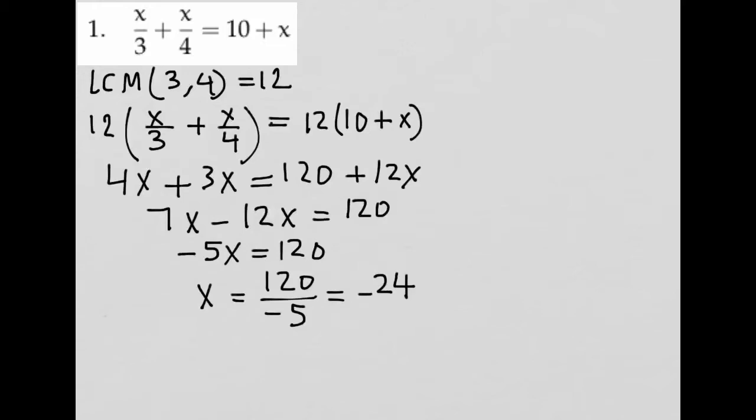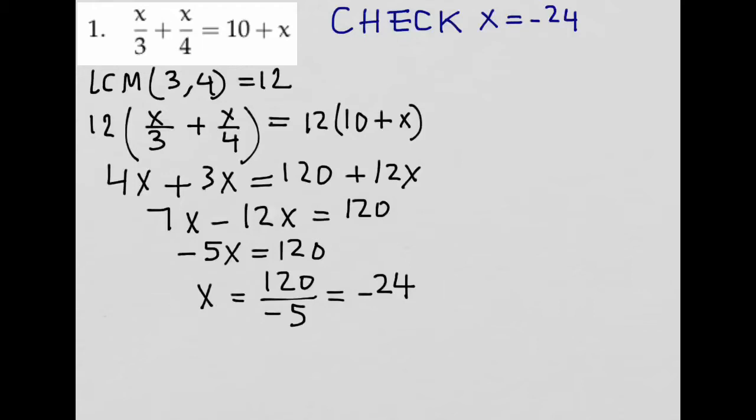Let's check that this is indeed a solution. To do that, I'm going to plug in minus 24 for x in the left-hand side and the right-hand side of the equation.